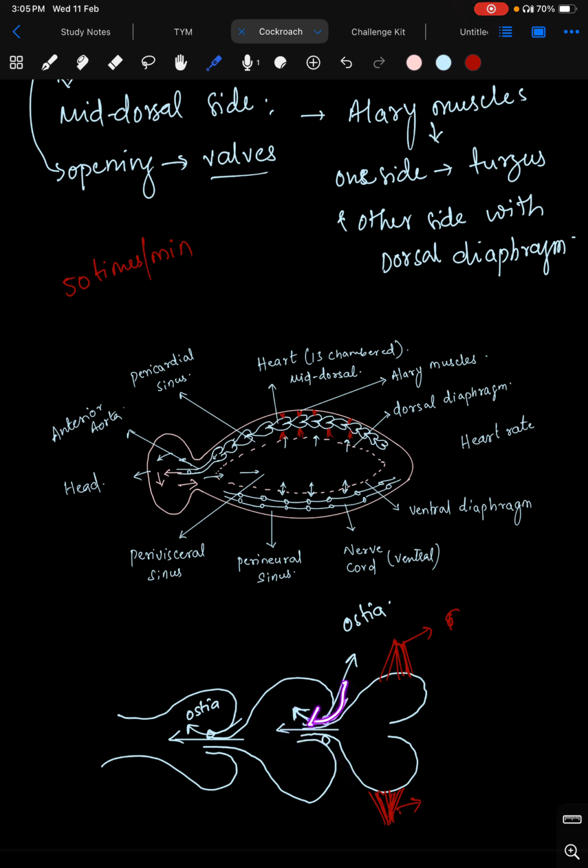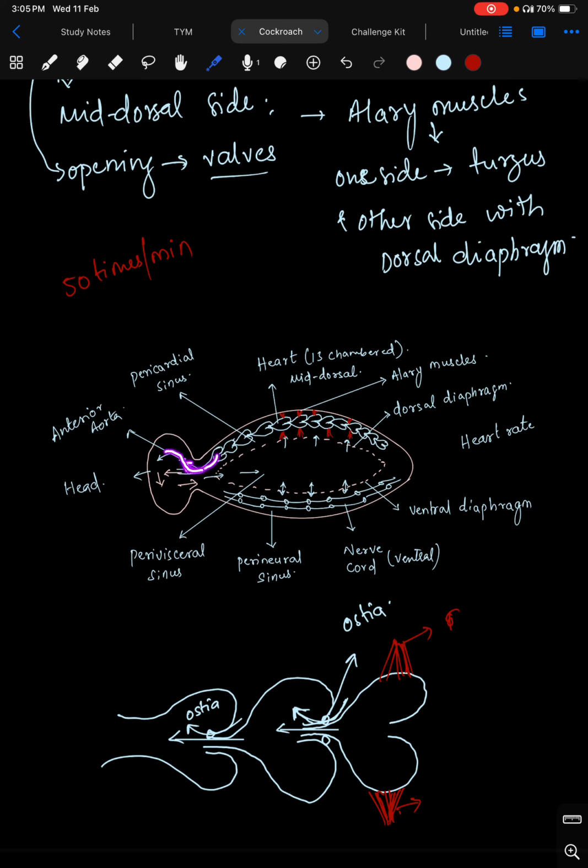Through the ostia, blood is entering inside the heart. After that, the blood is moving from the posterior heart to the anterior part of the heart through the openings which are present between the two heart chambers, and from that it is moving into the anterior aorta.